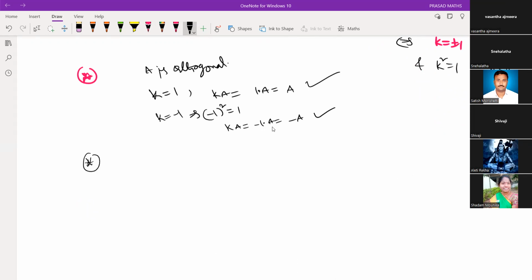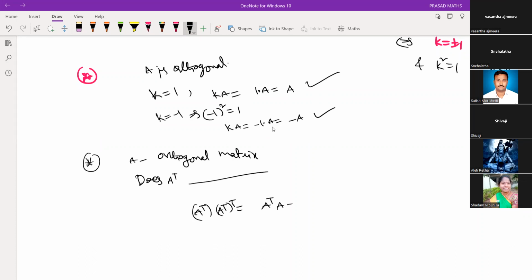Another idea: what about the transpose? Suppose you take this orthogonal matrix. Is its transpose orthogonal? Look at the definition. A transpose into A transpose whole transpose equals A transpose into A. An orthogonal matrix means A into A transpose equals A transpose into A equals the identity matrix.